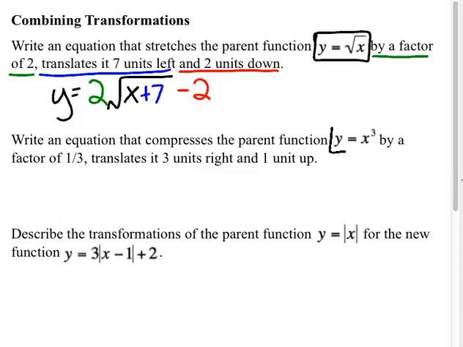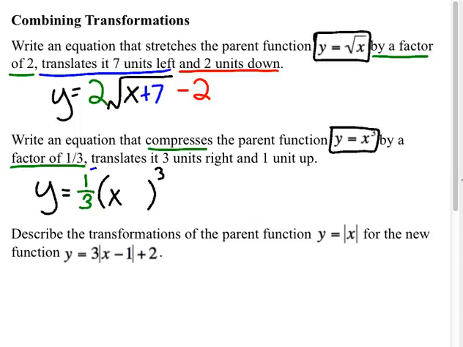All right, let's try it with our x cubed function. A compression of 1/3 is going to put a 1/3 out front with my x. We're talking about a cubed function, so I have to make sure I keep that cubed there.